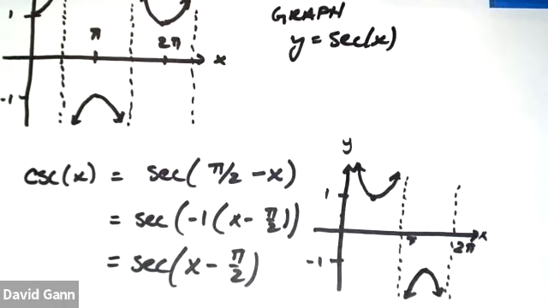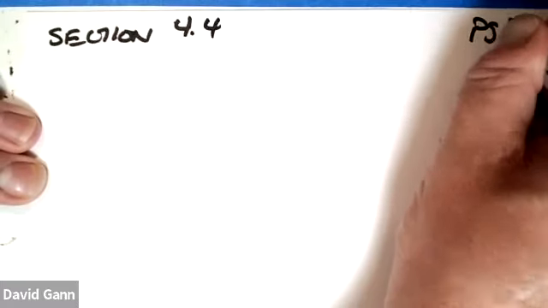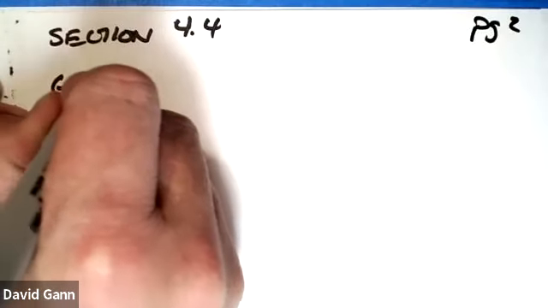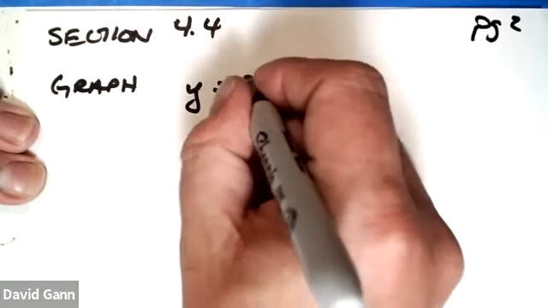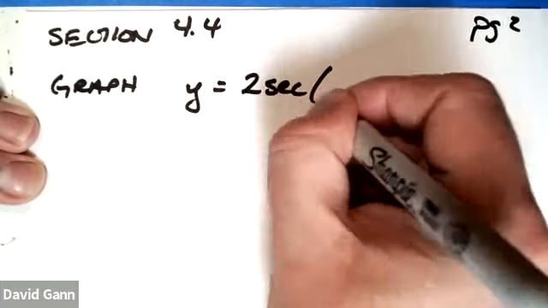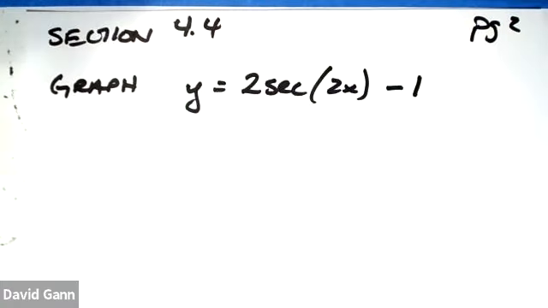So let me move on to page 2 here, and let's take an arbitrary secant or cosecant, it really doesn't make any difference. So let's graph the function, let's say y equal to 2 secant of 2x minus 1. Okay, so it's a pretty standard looking function.